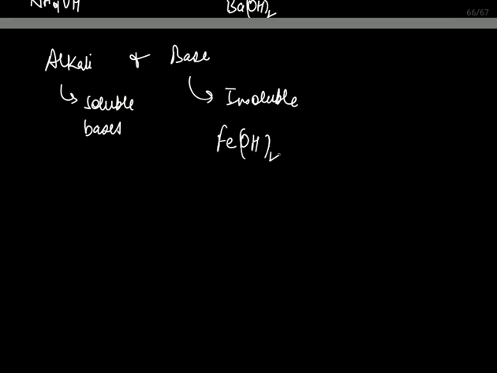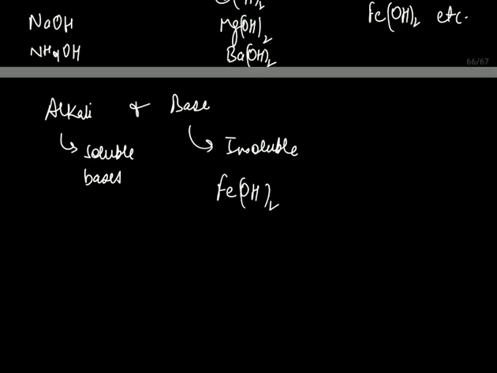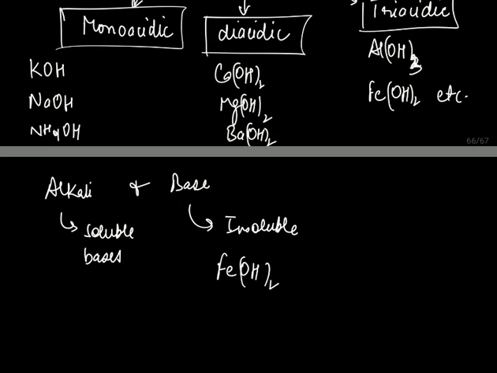This is not soluble. We can make this base react with acid. Aluminium hydroxide can react with HCl to form aluminium chloride and water. So those precipitates will participate in chemical reactions to form the products.